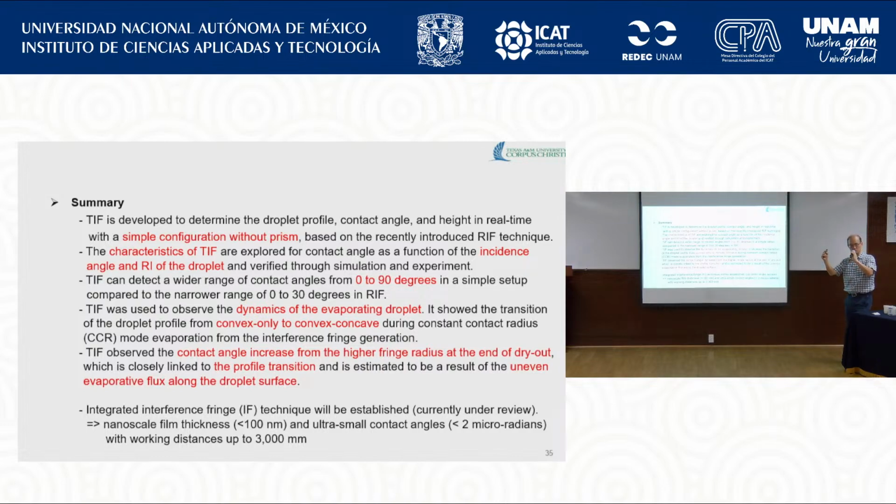It's very, very small angle. Okay. Well, by the way, to achieve this, we need to increase the working distance up to 3 meters. 3 meters is kind of a long distance, right? So we are now trying to extend it to our laboratory space. Okay, this is the second one.